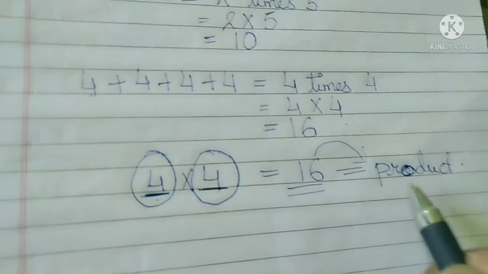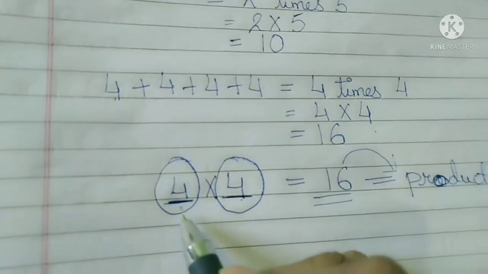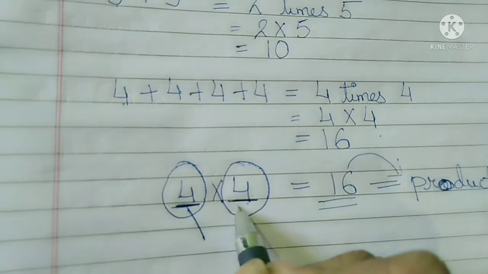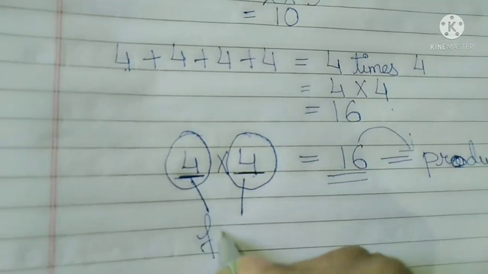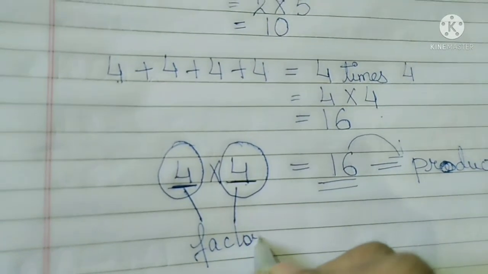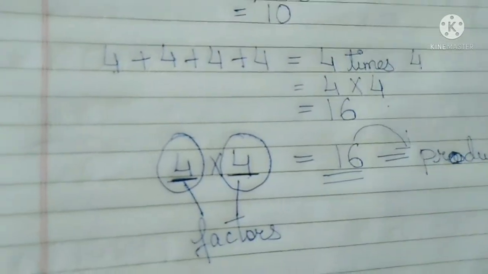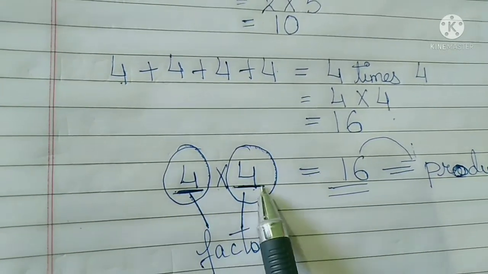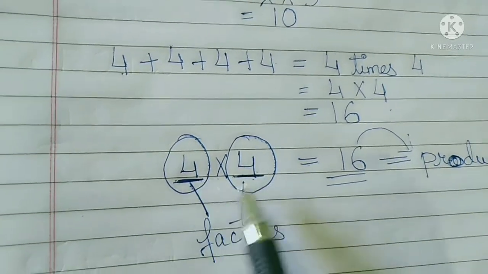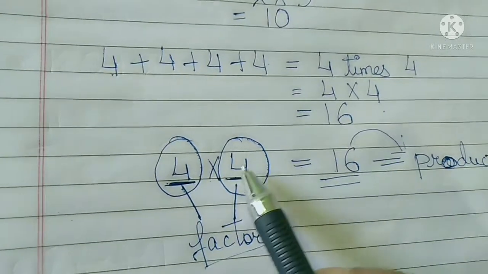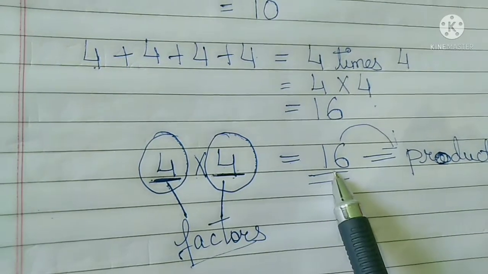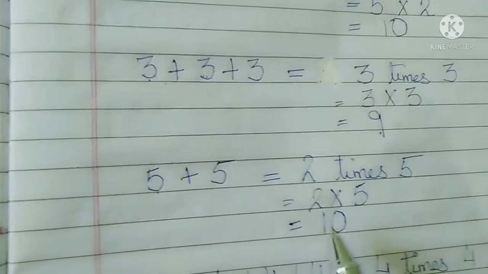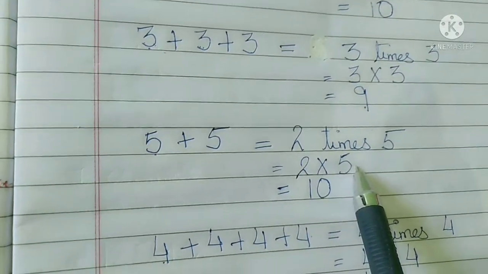And the numbers which we multiply, for example this 4 and this 4, these are known as factors. The numbers which we multiply are known as factors, and after multiplying, the answer you get is known as the product. Let's take the example of 2 and 5.